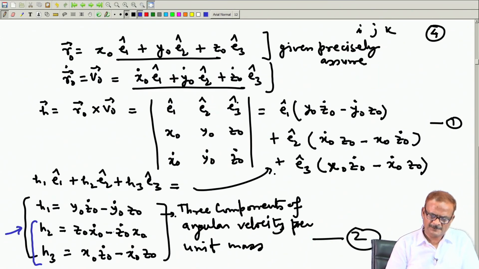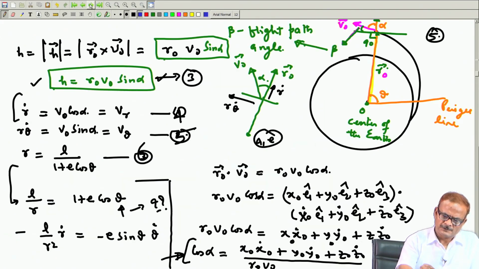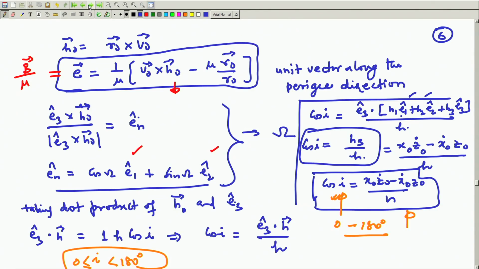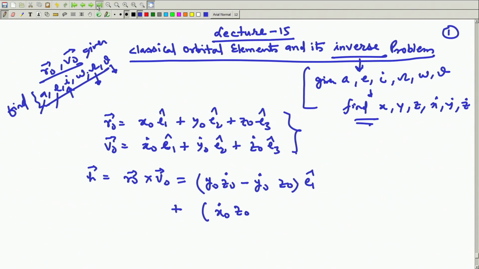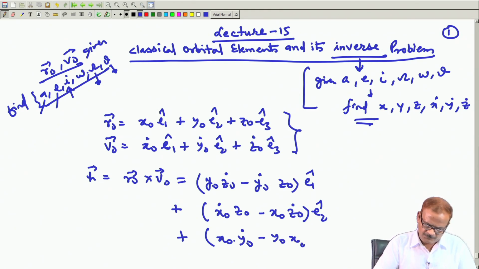I am rewriting the whole thing here for ready reference: E 2 cap and then x 0 times y 0 dot minus y 0 times x 0 dot E 3 cap.